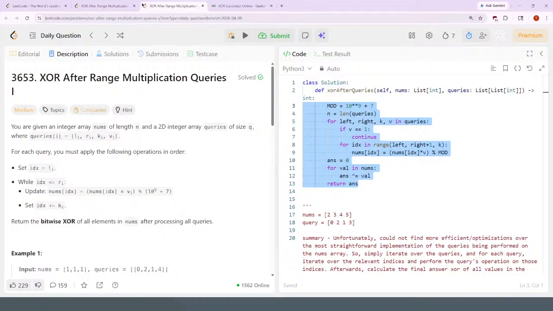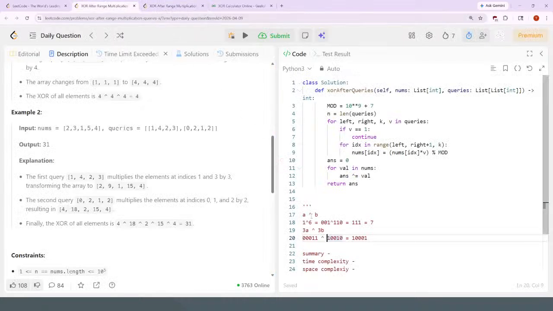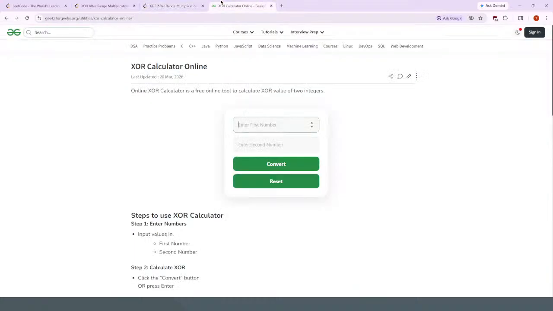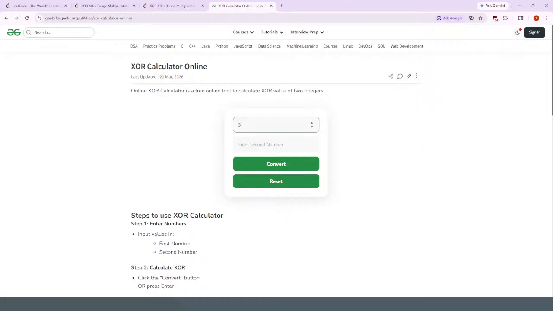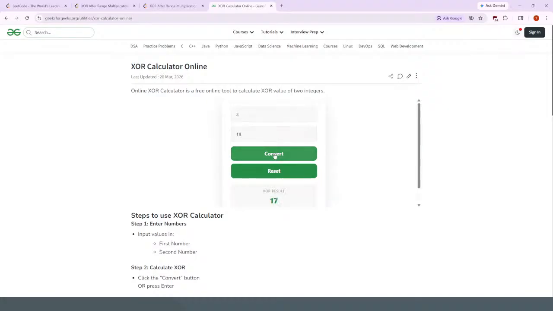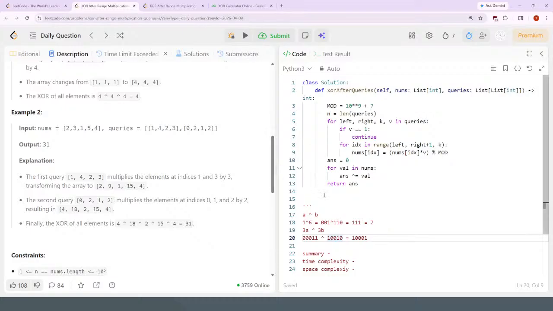This looks simple enough. I want to test 1 XOR 6 to make sure that it gives me 7. Yeah, okay, 1 XOR 6 was 7. And then 3 XOR 18, right? 3 XOR 18 is 17. Yeah, so that's 17, which is 16, 0 8s, 0 4s, 0 2s, and a 1.